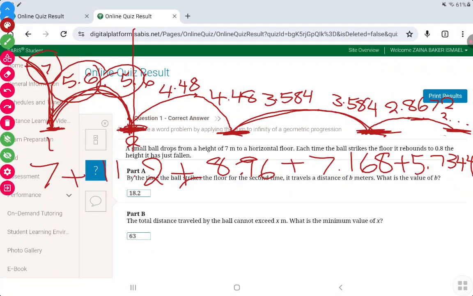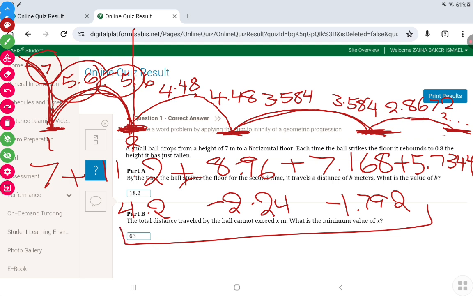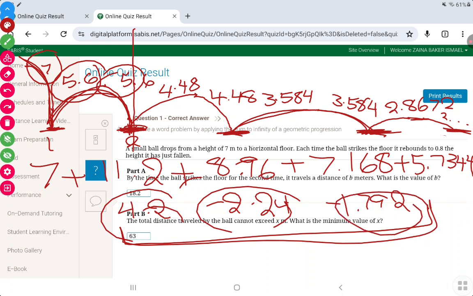So we check: 11.2 minus 7, we get 4.2. 8.96 minus 11.2, we get negative 2.24. 7.168 minus 8.96, you get negative 1.792. So I can just stop here because obviously it's not arithmetic because the common differences are not equal. So this is definitely not an arithmetic progression.